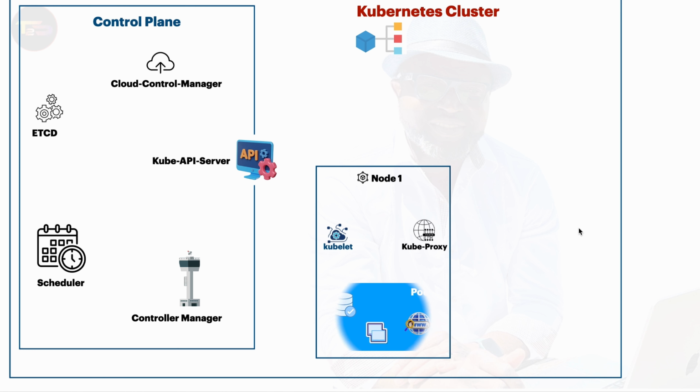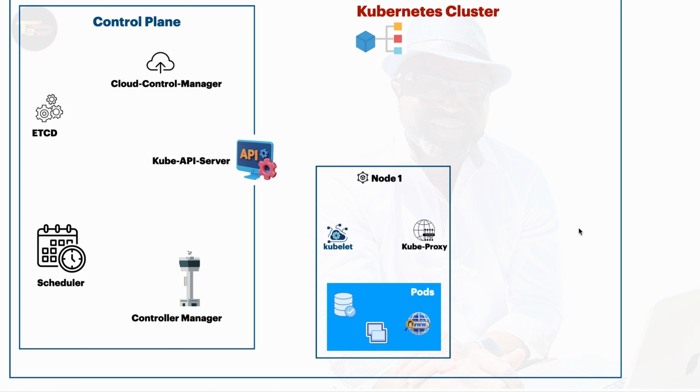And you have the kube proxy. Then you have the different pods. So a node can have more than one pod. It can host more than one pod, meaning that it could be a SQL application, it could be a virtual machine, it could be a web application, it could be anything here, or you could have all of the above. All right, so that's the node.